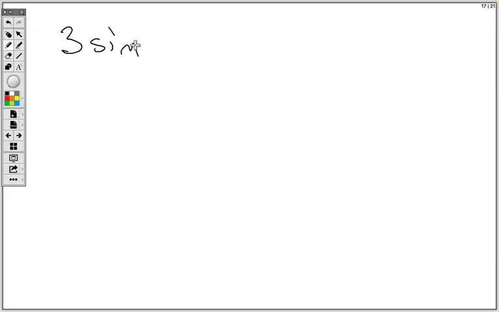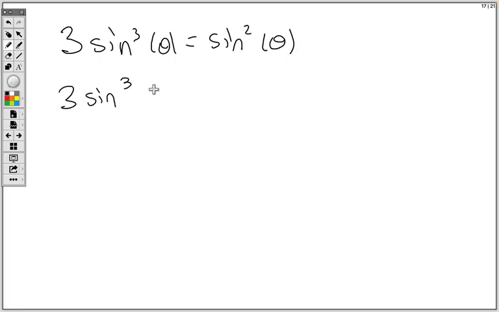So from 3 sine cubed equals sine squared, I can subtract both sides. 3 sine cubed theta minus sine squared theta is 0. So I can factor that out.